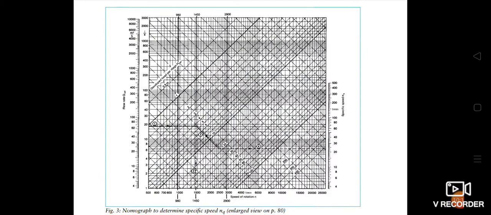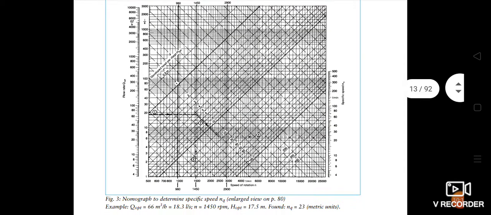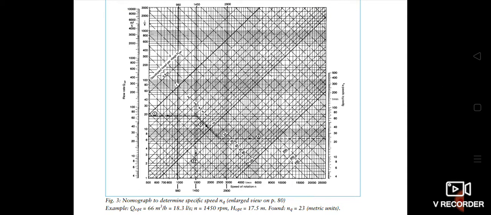If you focus on this nomograph, we select the speed of rotation as 2900, and from the same data book we take the specific speed as 70. Why can we take 70? Because we selected this pump as a radial flow pump, and for low head radial flow the specific speed becomes 70.